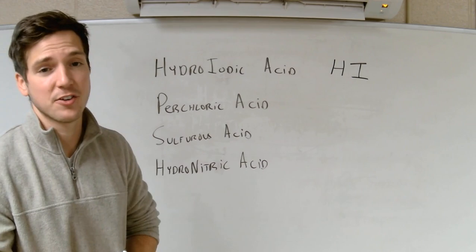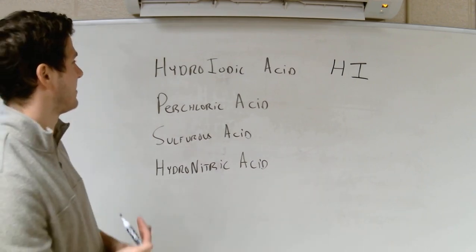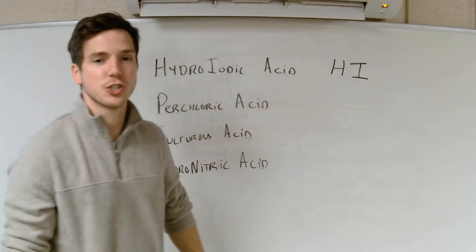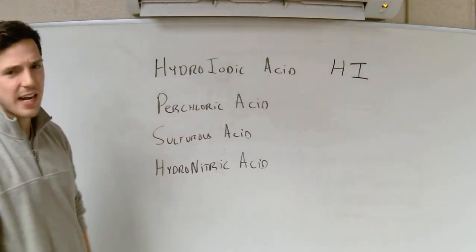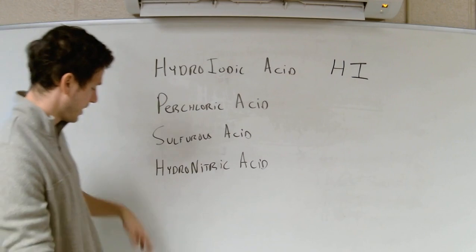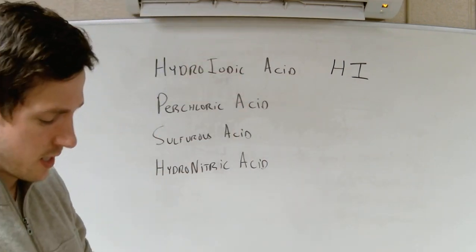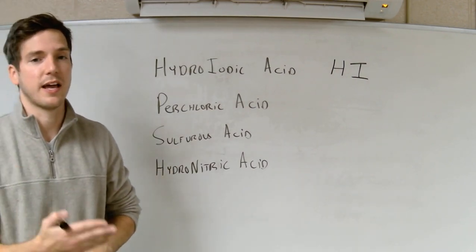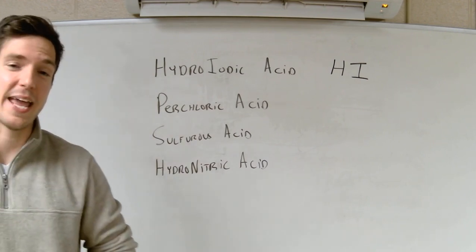I see that it says hydro. It's got to be just one element without oxygen. I see iodic. I'm thinking that comes from iodine. And then I balance out the charge with my hydrogens. I go ahead and look at the next one. It is perchloric acid. There's no hydro here, so it must come from my polyatomic ion sheet. Perchloric. Remember, ate to ic, ite to us. So if it ends in ic, it must have come from ate.